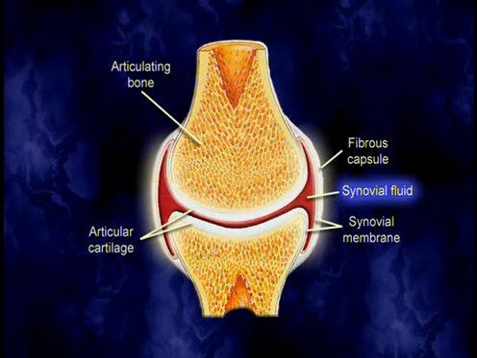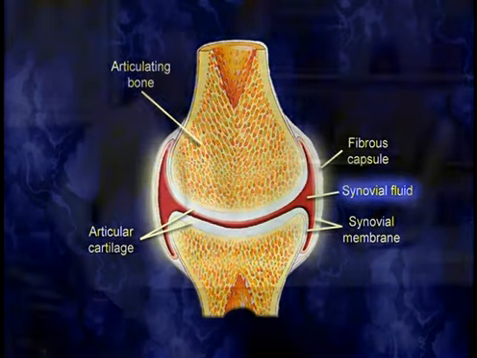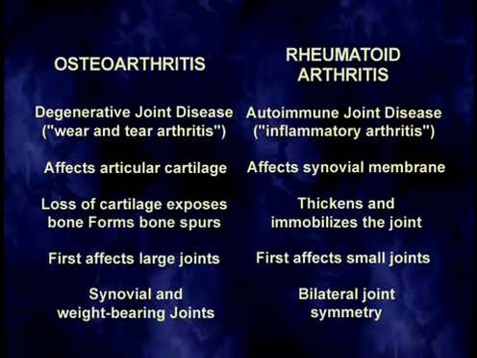Now, we have 2 kinds of arthritis, which is inflammation of the joint. And these arthritides, which is the plural of arthritis, are very common and a great cause of disability in the elderly and in younger patients as well. There's 2 kinds.